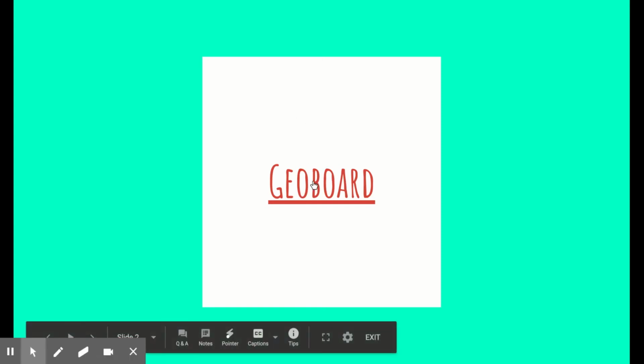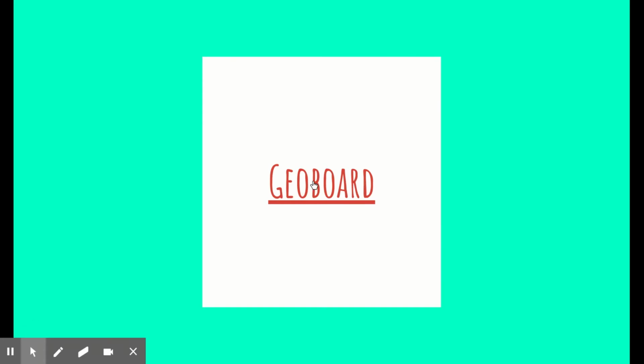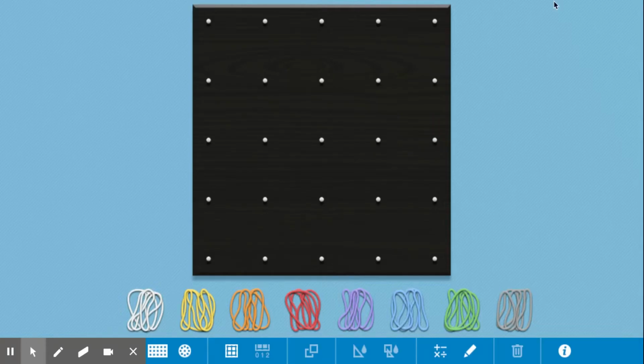So we're going to go to the GeoBoard and we're going to start making some pictures on this board. So just like last time, we talked about how this side length at the top, I'll use a red rubber band to show you what I'm talking about.